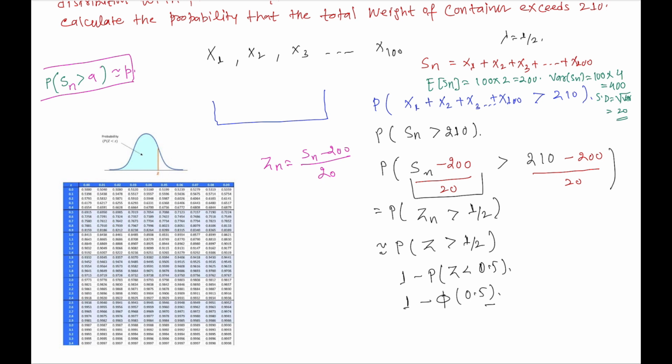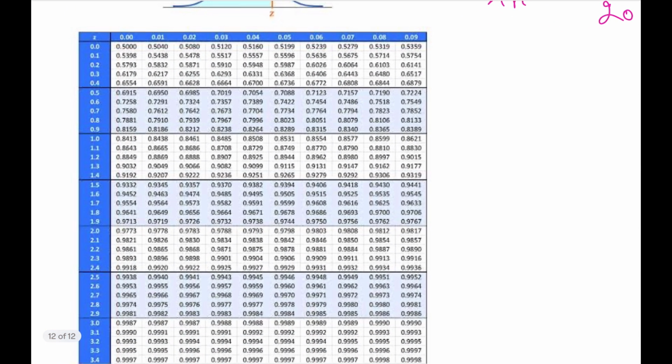So we can look at what this probability is, and we can get it from the standard normal table: the probability that the standard normal random variable is less than 0.5. So how do we find it? You just need to look at 0.5 here and 0, so it is 0.6915.